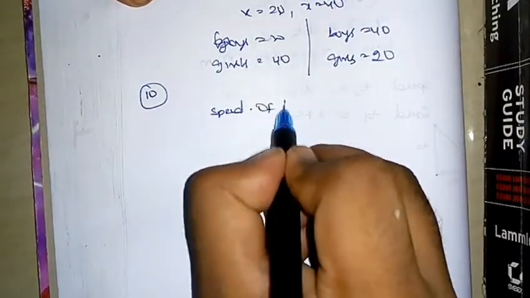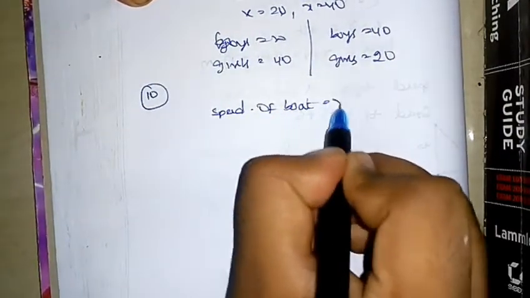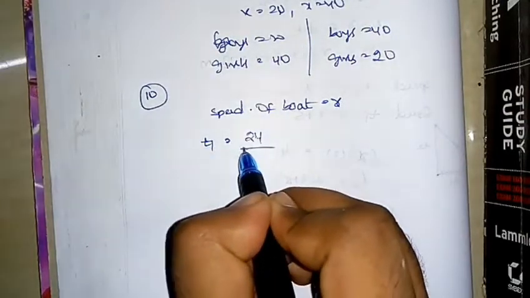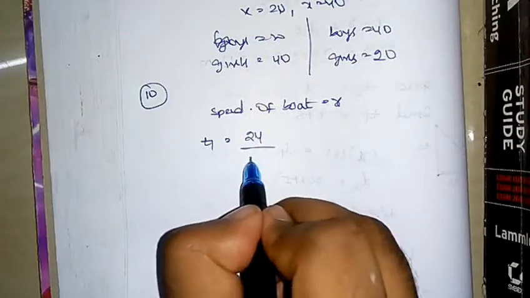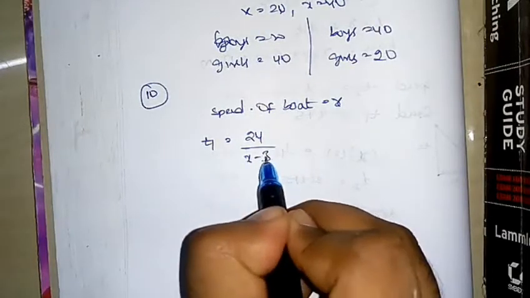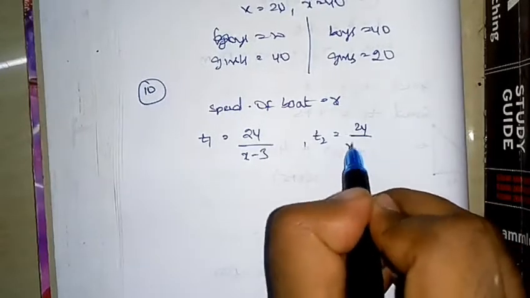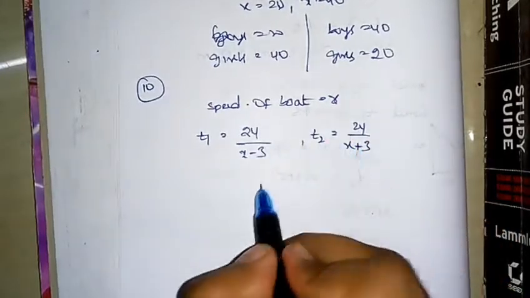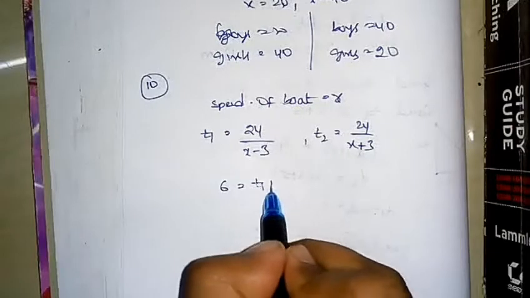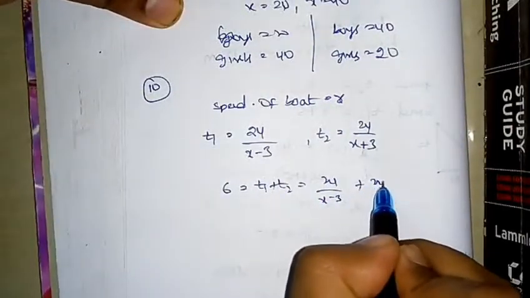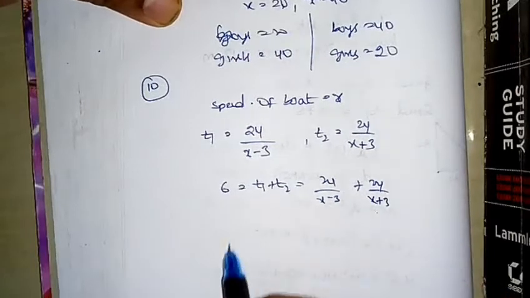Speed of boat is equal to x. So T1, for upstream, will be 24 by (x − 3). For downstream, T2 is equal to 24 by (x + 3). So the total time is given, it is 6 hours. 6 = T1 + T2 = 24/(x − 3) + 24/(x + 3).